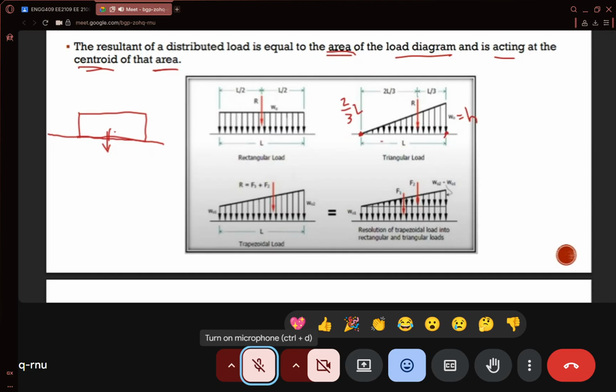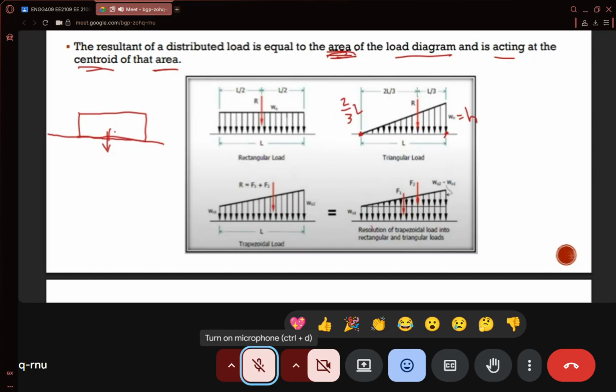So you have to be familiar with the areas of polygons, especially rectangle and triangle, the more common ones. Okay, but what about for a trapezoidal load? For a trapezoidal load, this also gets tricky because you will have to dissect it into two parts: a rectangular area and a triangular area.